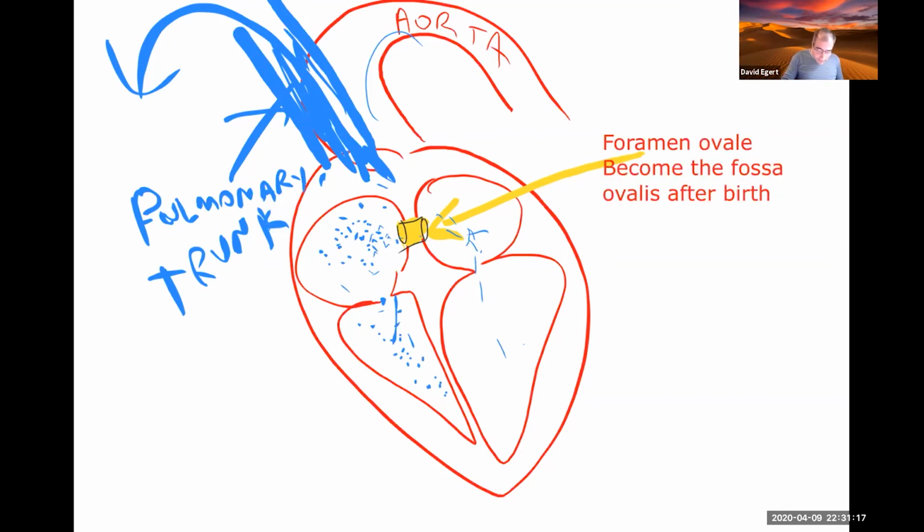And if blood does make it down into the ventricle and comes out the pulmonary trunk, there's another short circuit right here, going from the pulmonary trunk into the aorta. So the blood coming out this way can go back into the aorta instead of continuing on to the lungs.